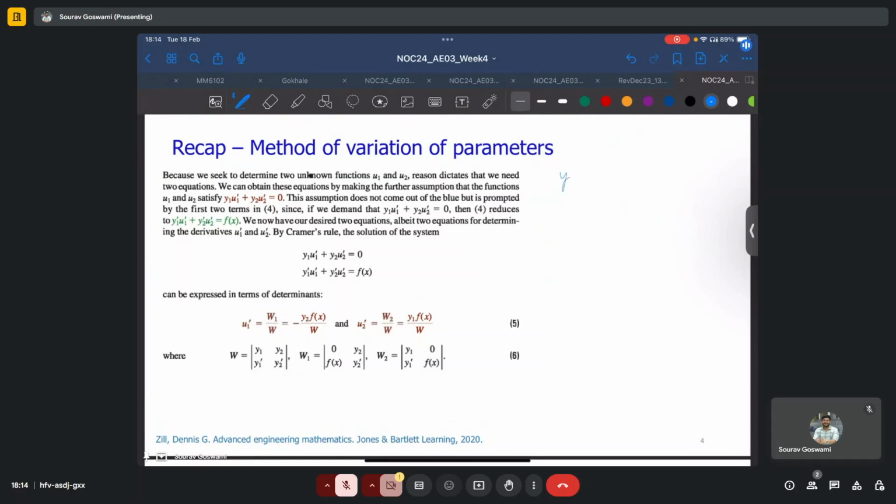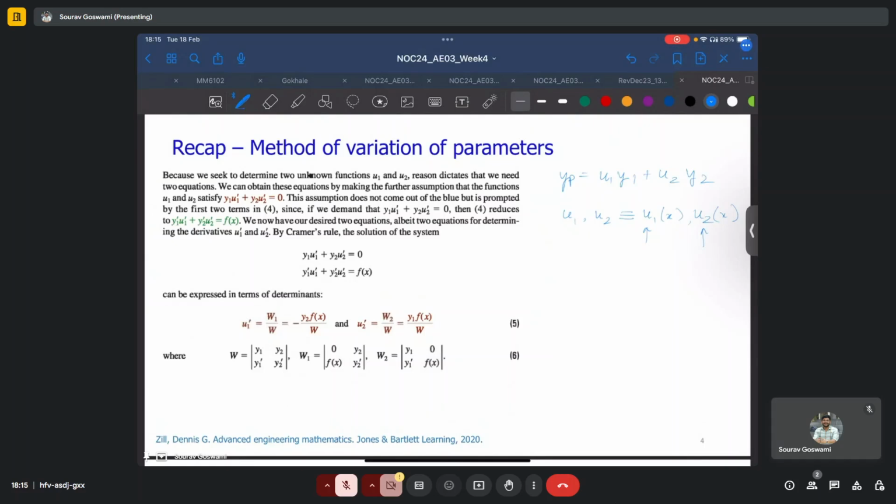Just to recollect, our particular solution consisted of u1 y1 + u2 y2, where u1 and u2 are functions of x, and y1, y2 are from our complementary function c1 y1 + c2 y2. How do we determine these two functions that give us the particular solution? Well, the algorithm is outlined right here.